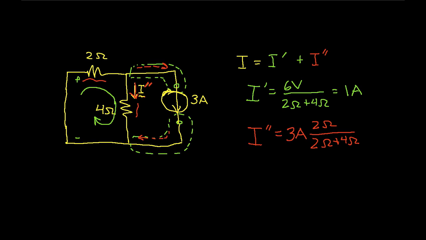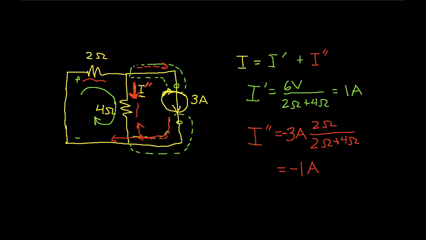And I have to put a negative sign in front of this because I've drawn the current flowing down, but it's clear from the direction the source is pointing that the current's actually going to flow like this. Okay, so I can solve this, and I get then minus 1 amp.